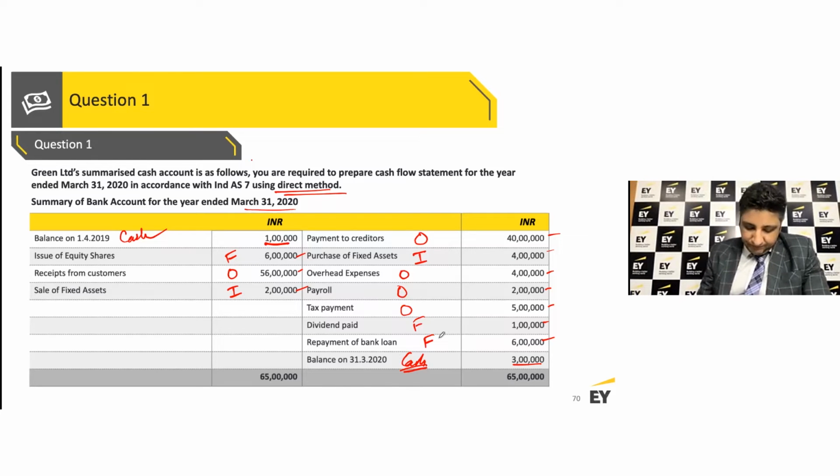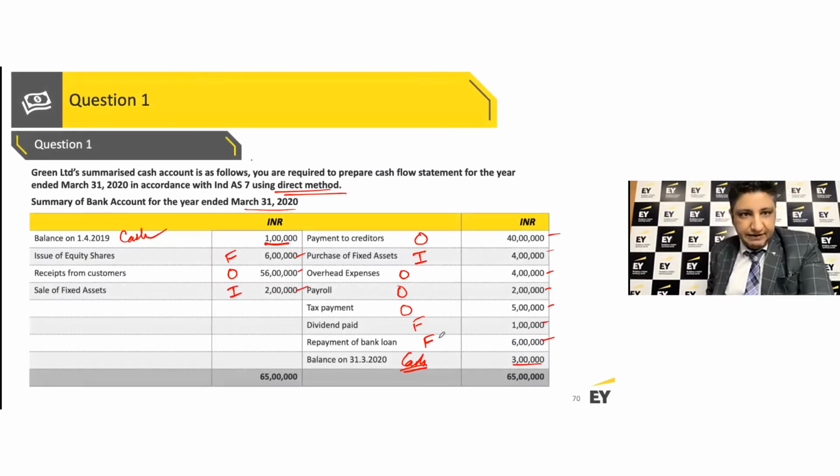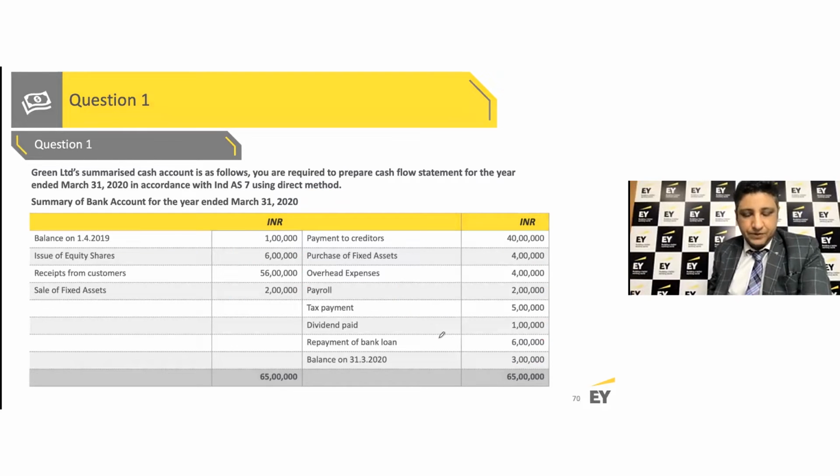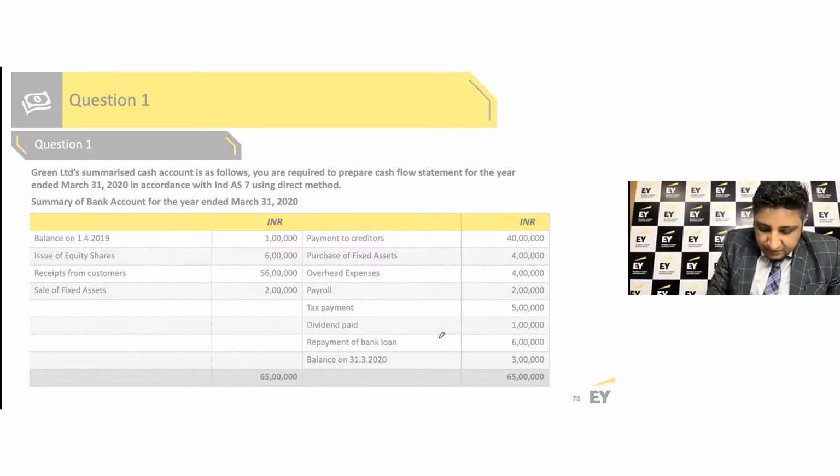To start with, we need to use the formats very clearly for the examination in case such a question comes. We are given Green Limited, and of course, the requirement is to prepare a statement of cash flows for the year ended 31st of March 2020. So let's use that perspective.